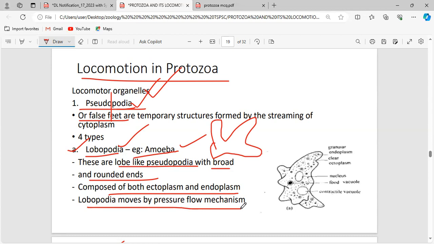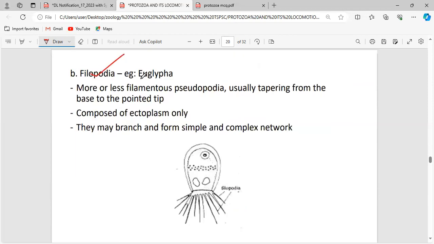It has to maintain high pressure for locomotion; they have to use more energy for this movement. The second one is filopodia, and the best example is Euglypha.